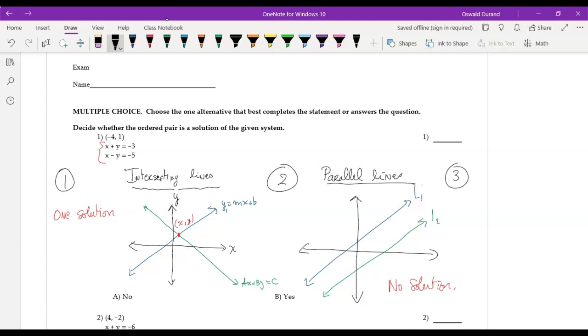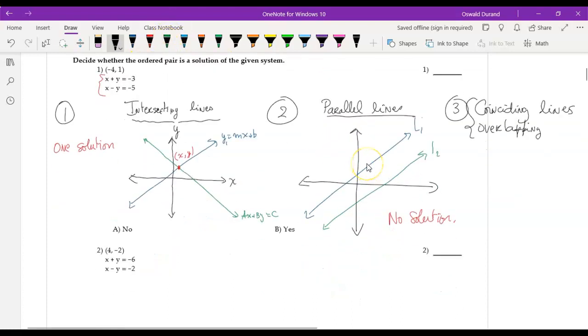The third and last one will be, I think sometimes they call it coinciding lines, or overlapping lines, depending on the textbook. So I'm going to put coinciding lines, or sometimes they say overlapping lines. Okay, so let me put the example right here, or at least the graphical one.